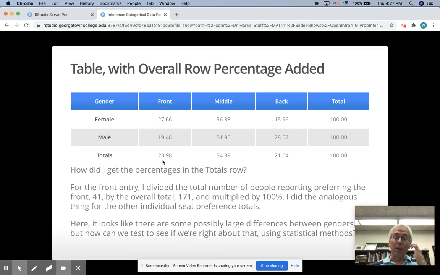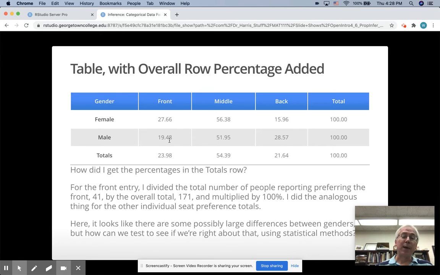And so overall, 24% of respondents said front, almost 54.5% said middle, and about 21.5% said back. Okay, so the idea then is if there's no association, we would expect the individual row percentages for each of the gender responses to roughly match the totals row of row percentages breakdown.